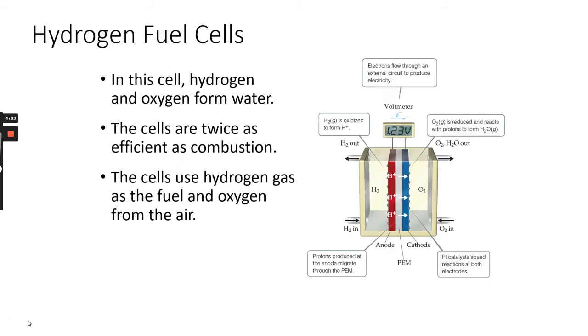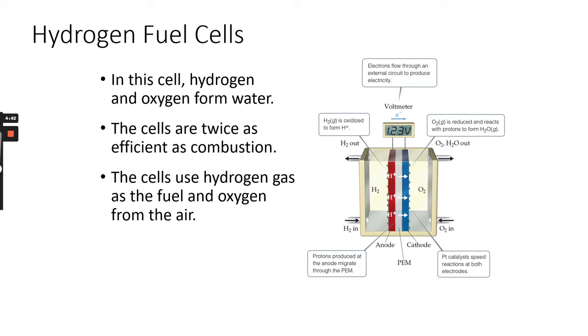So hydrogen fuel cells, you might have heard of these. These are commonly used in electric cars. It is a cell that uses hydrogen and oxygen, and it forms water. The cells are twice as efficient as combustion, and they use hydrogen gas as a fuel and oxygen from the air.